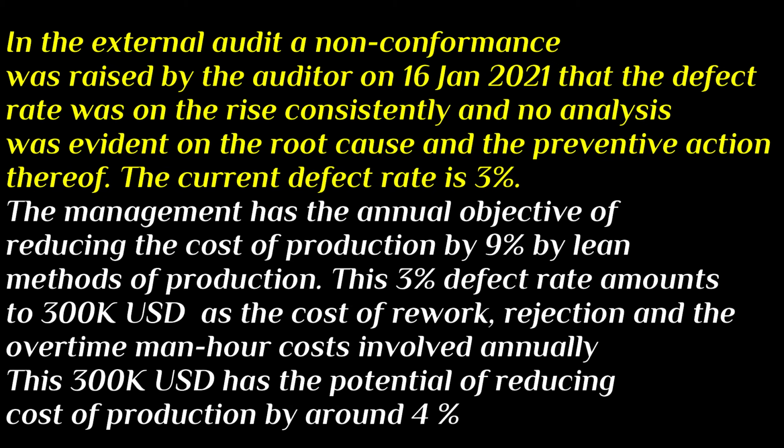So what is the link with the management vision? That is, the management has the annual objective of reducing the cost of production by 9% by the use of lean methods of production. So the management wants to reduce the cost of production by 9%.